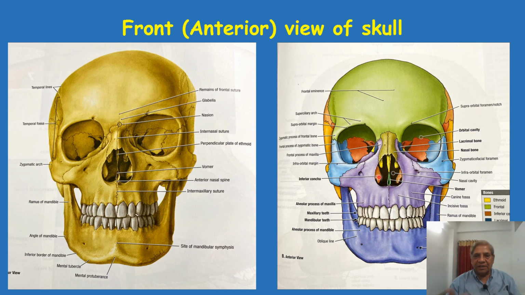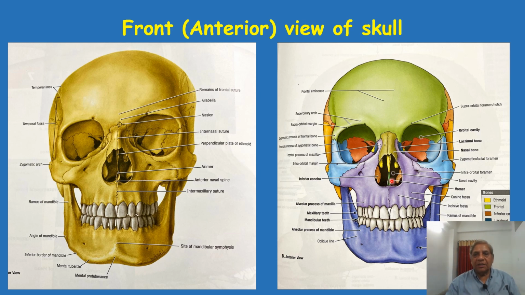That we will learn when I teach you the viva on the nasal cavity. So in the midline this structure which is seen is the median nasal septum formed by two bones. Above is the ethmoid perpendicular plate, and here lower down, shown in another color, is the vomer bone.